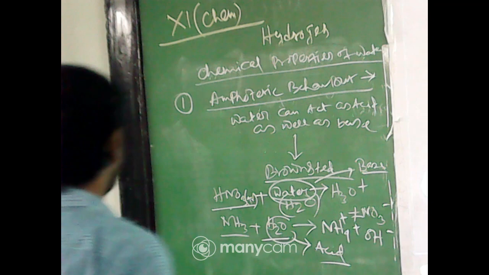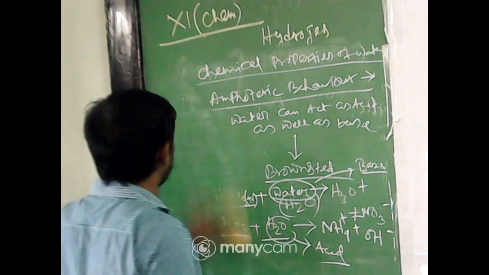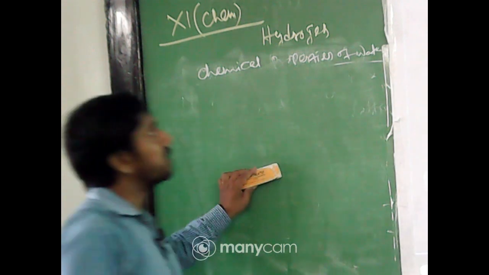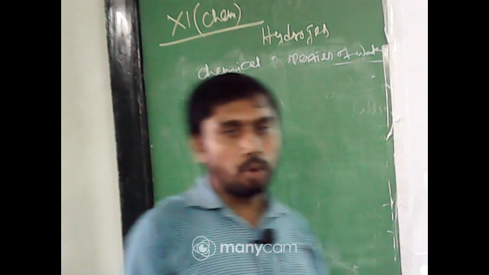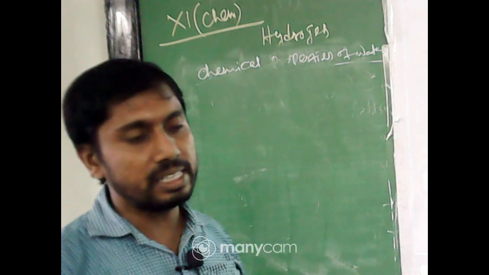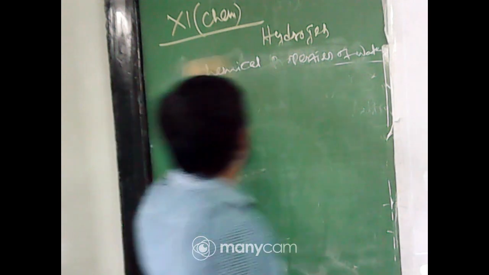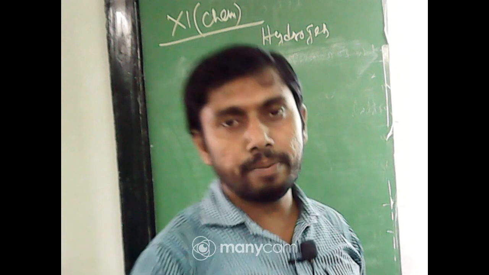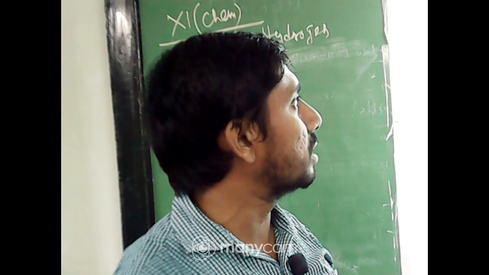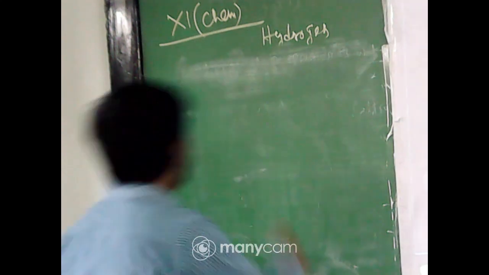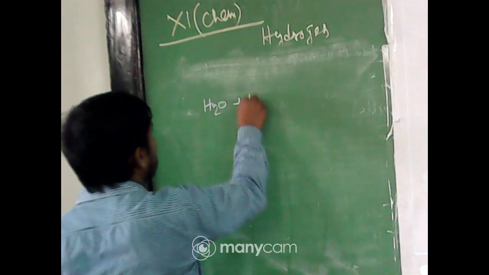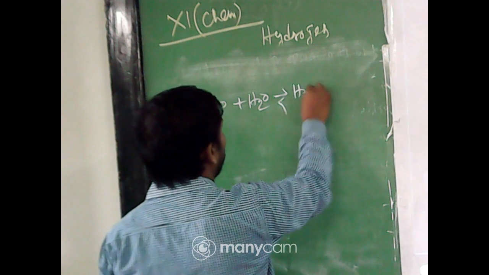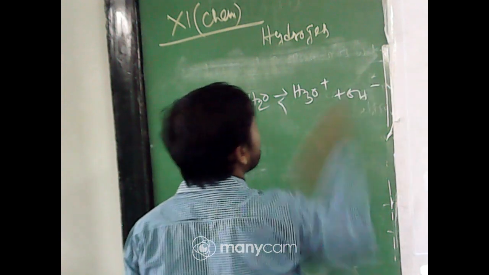Okay. So next, what is auto dissociation? Auto dissociation is when two molecules of water are assumed to be in equilibrium with respect to the equation H2O plus H2O, equilibrium sign, H3O plus and OH minus.